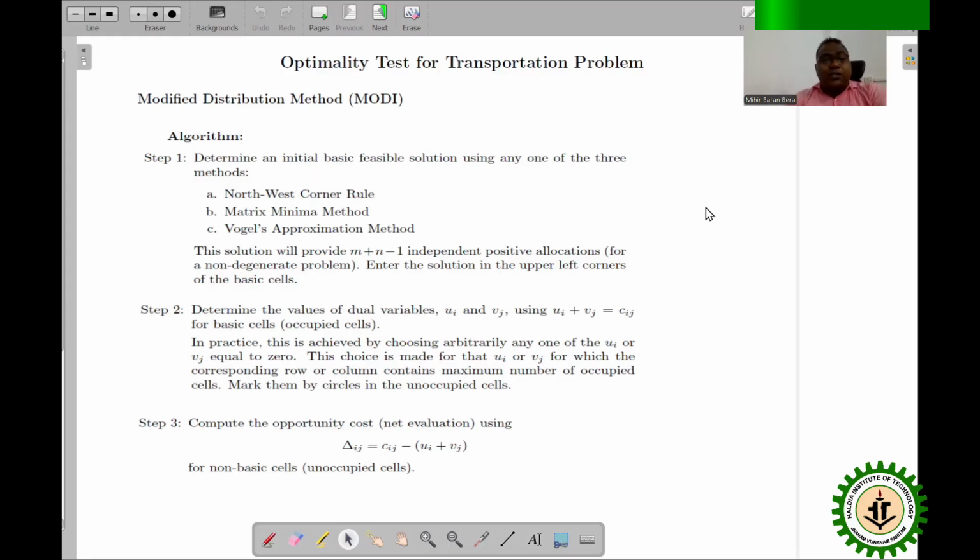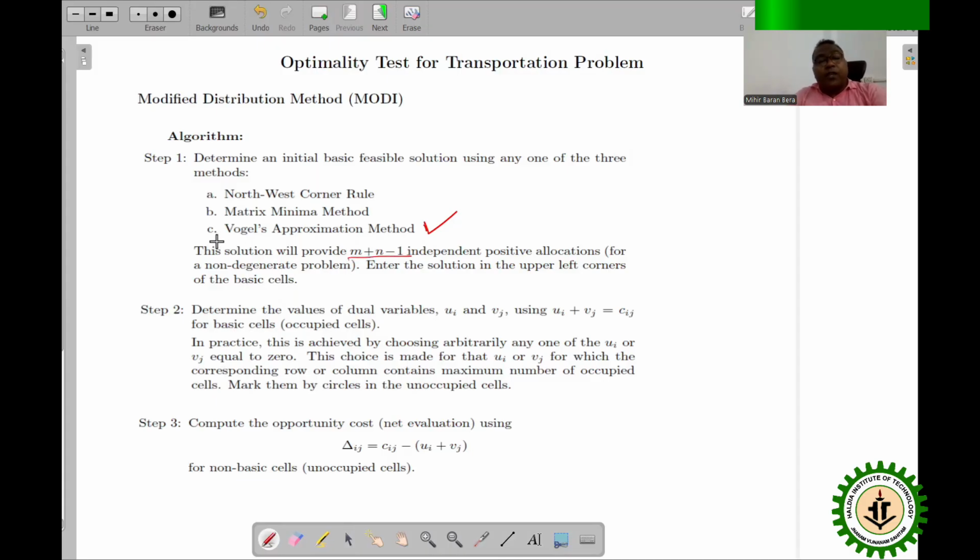So what are the steps I have given here? First, we find the solution by the northwest corner method or Vogel's approximation method. After finding the solution, we check whether the number of allocated cells equals m plus n minus 1.